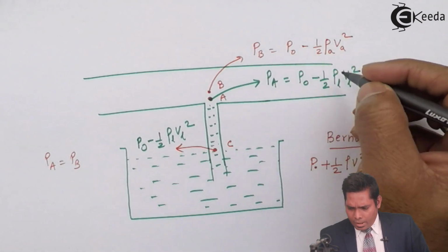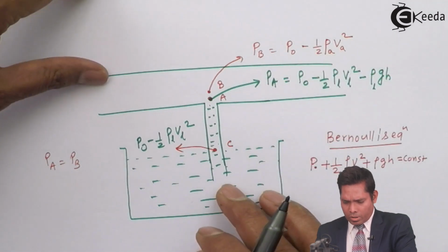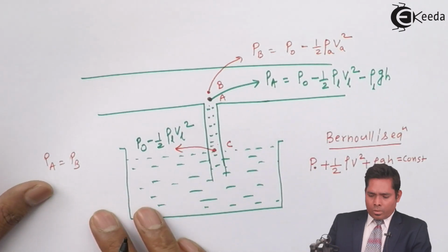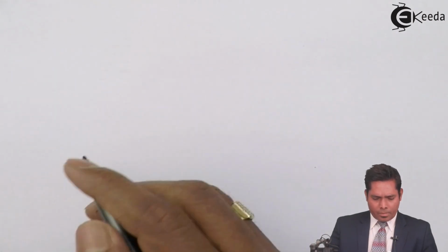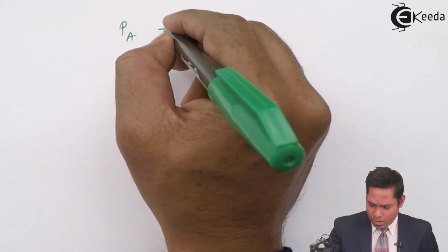So now I will equate these two equations. The pressure at A and the pressure at B must be the same.